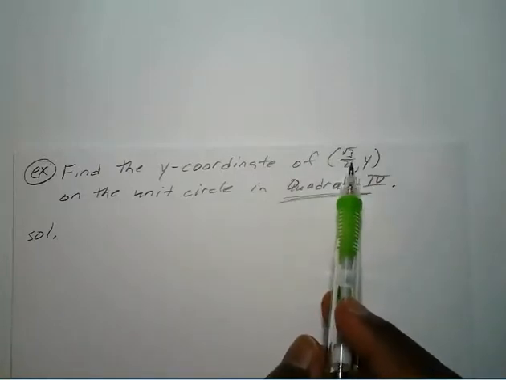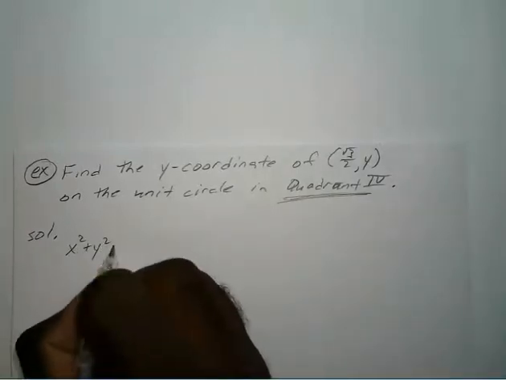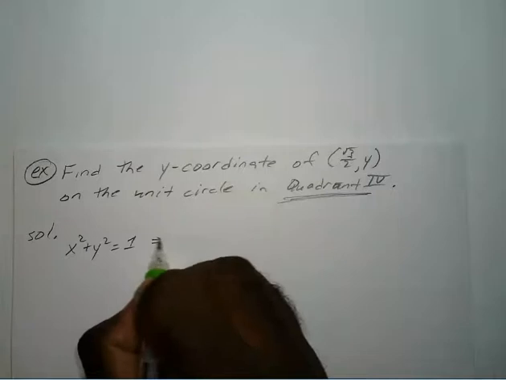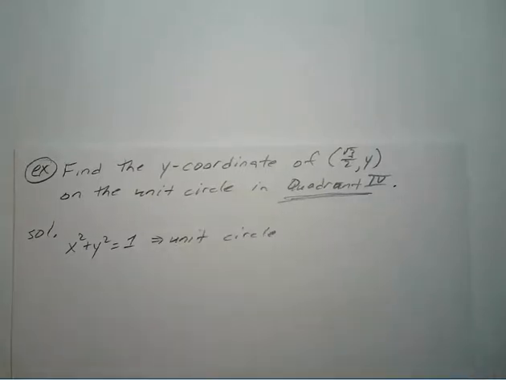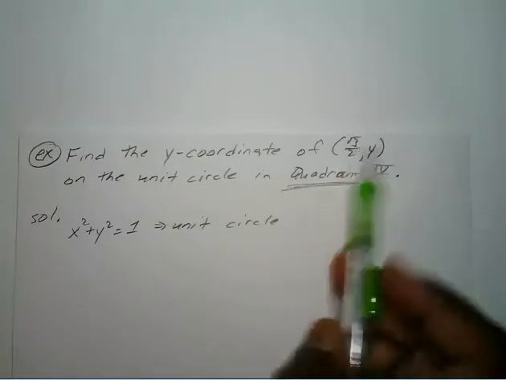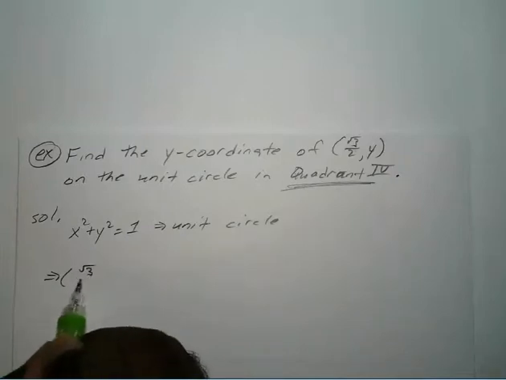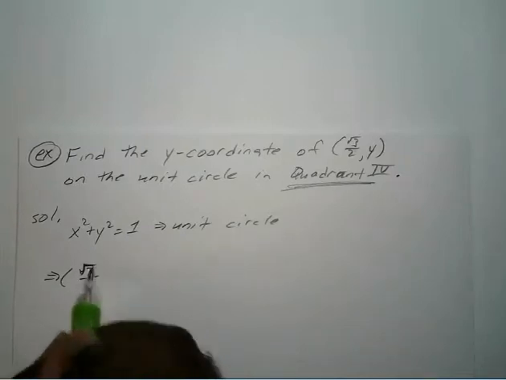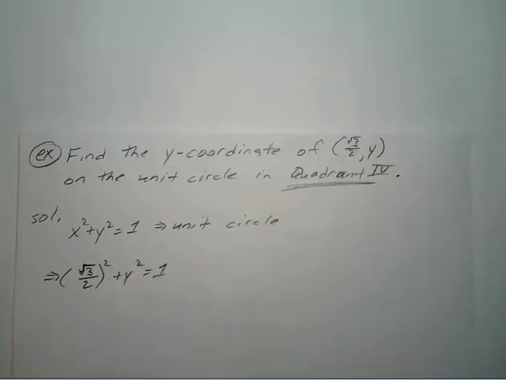well, really we just want to plug that in. So we know that x squared plus y squared equals 1 is our unit circle. We have our x, so we just go ahead and plug in that x. So we have square root of 3 over 2 squared plus y squared equals 1.